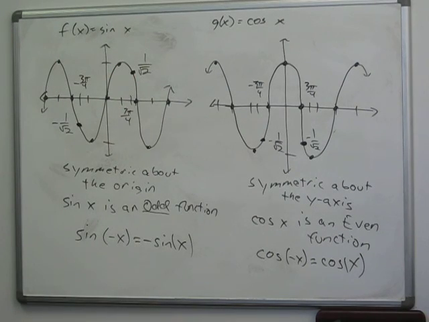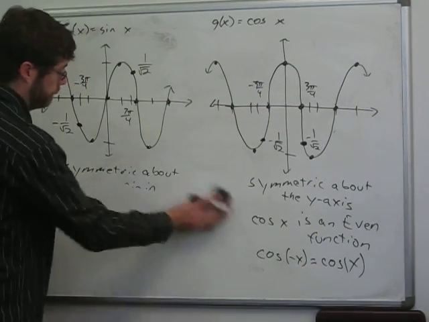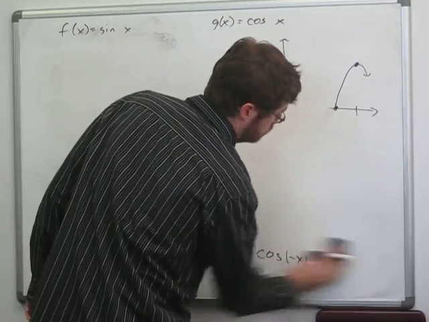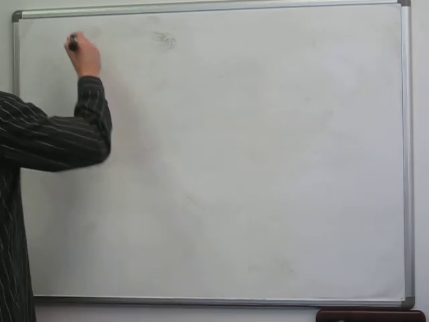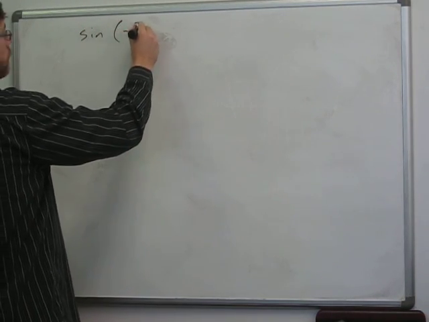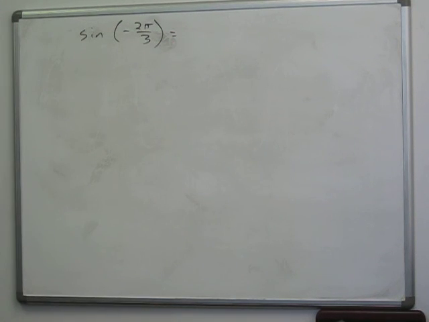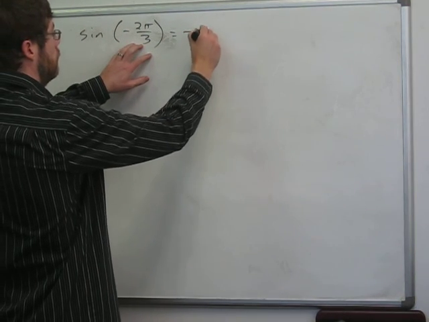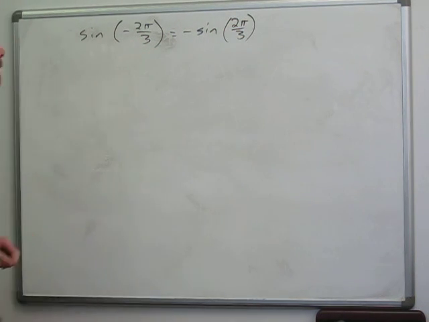Okay. Let's work through some examples to make this a little more concrete. Sine of negative 2 pi over 3. Sine is an odd function, so sine of a negative argument is negative sine of the positive.